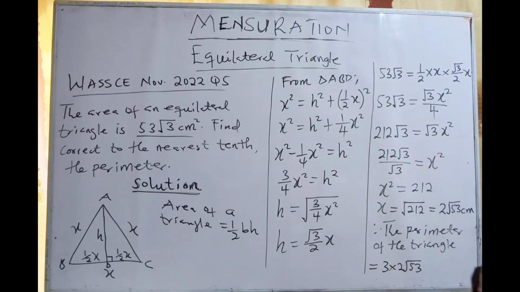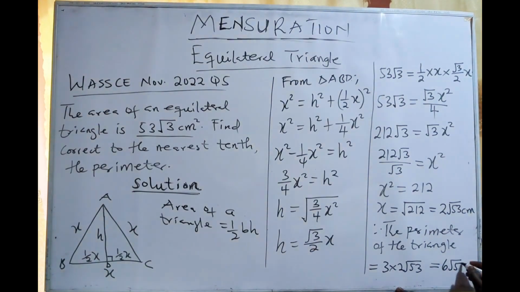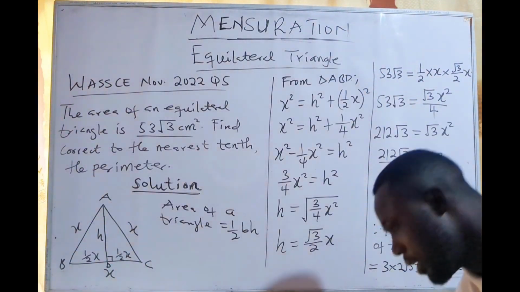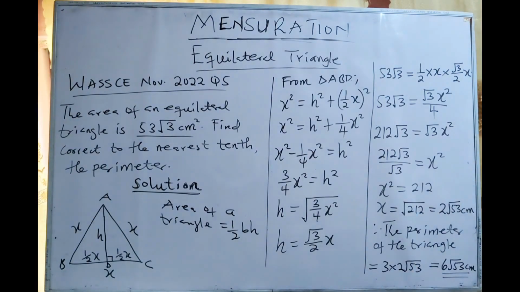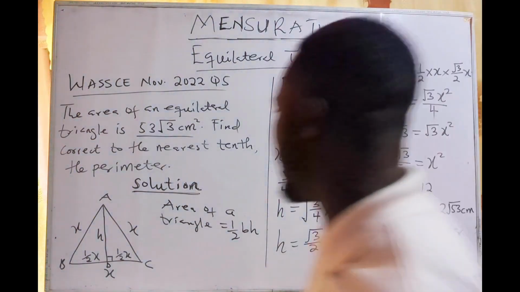All the sides are 2 root 53, so 3 times that gives 6 root 53 centimeters. Let me also work the same question using the other method.